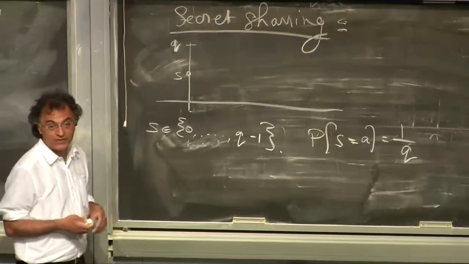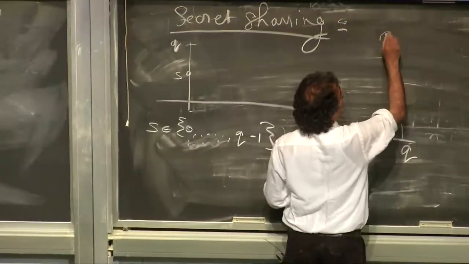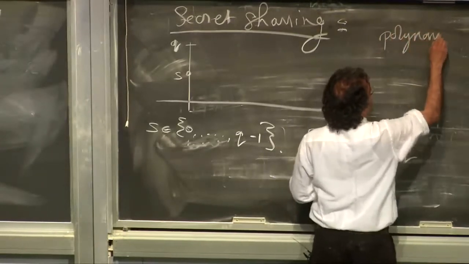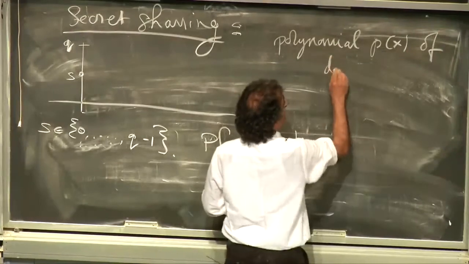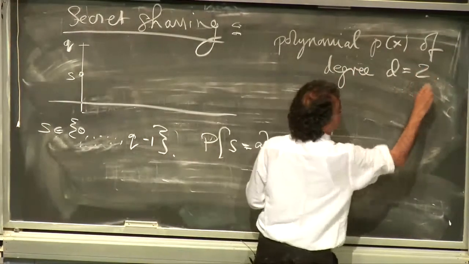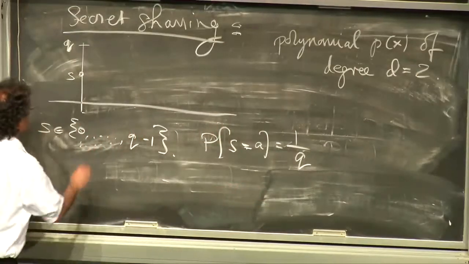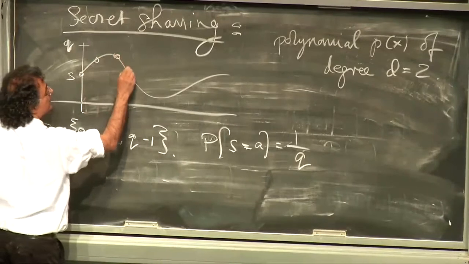Well, we pick a polynomial of some degree. So we have a polynomial p of x of degree d, let's say d is equal to 2. Now we have this polynomial, and here are other points on it.